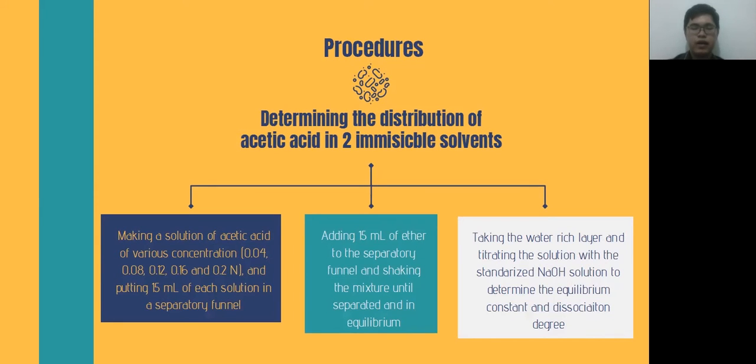Then we add 15 milliliters of ether to the separatory funnel and shake the mixture until the mixture is separated and in equilibrium. Finally, we take the water-rich layer and titrate the solution with standardized sodium hydroxide solution to determine the equilibrium constant and the dissociation degree.